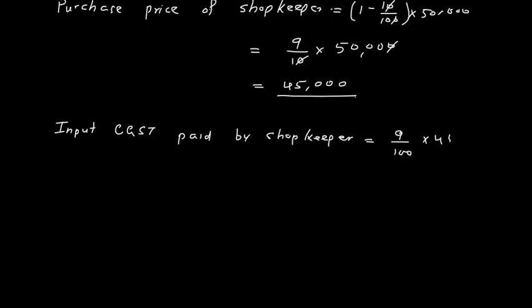So it is 9 upon 100 of this 45,000. Okay, so input CGST paid by shopkeeper is rupees 4050. This is input CGST. Similarly, input SGST will also be rupees 4050.